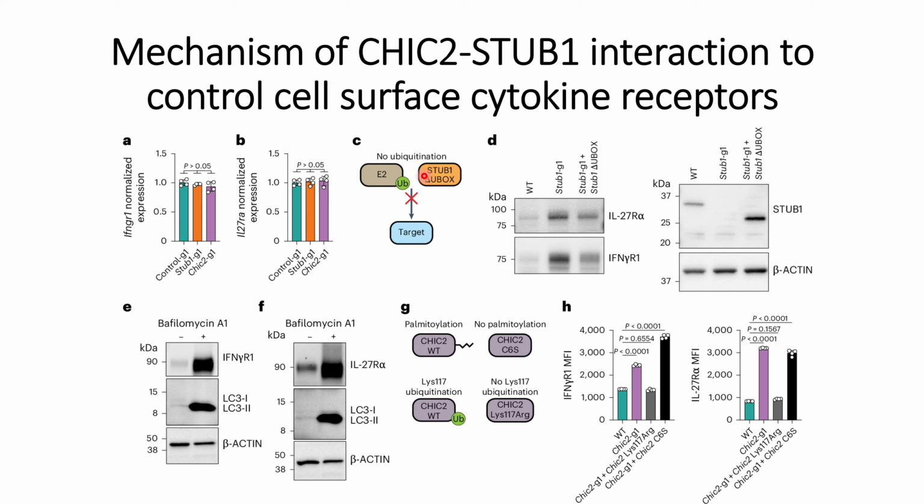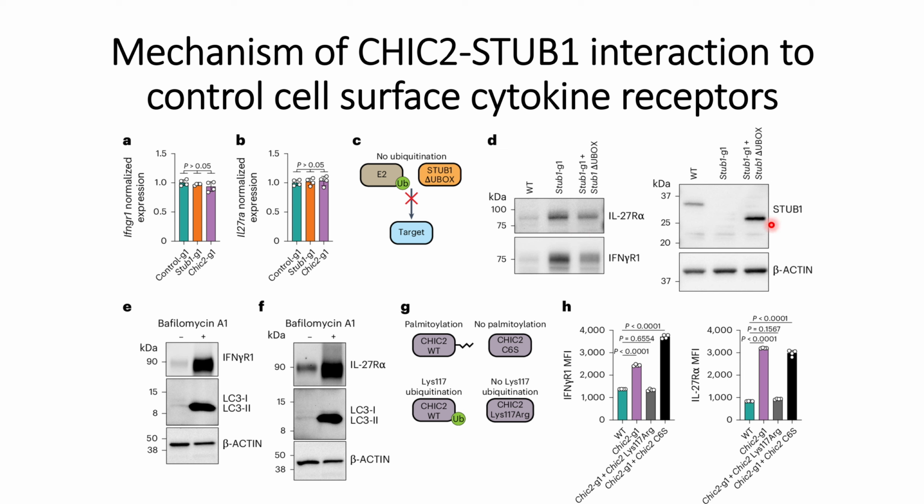First they checked the formation of STUB1, and from the PDB 3D protein structure analysis, they found that STUB1 without the U-box is able to fold properly, and its amount will not be reduced because of ER quality control.